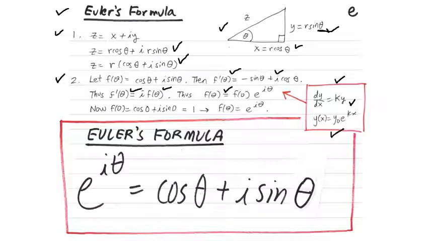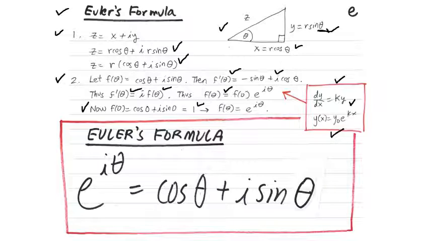And looking at our formula for f of theta that we started off with here, and plugging in 0 for theta, we see that f of 0 would be cosine 0 plus i sine 0, which is 1 plus 0, or 1.